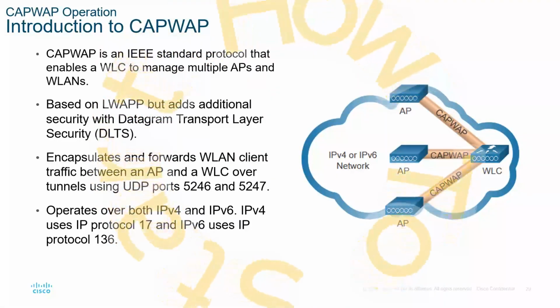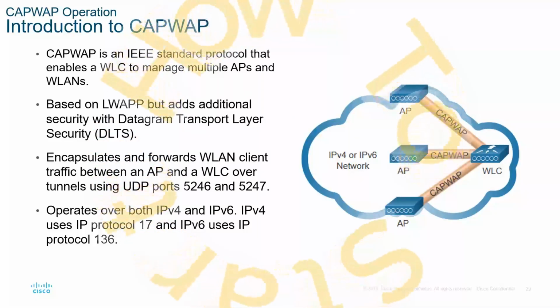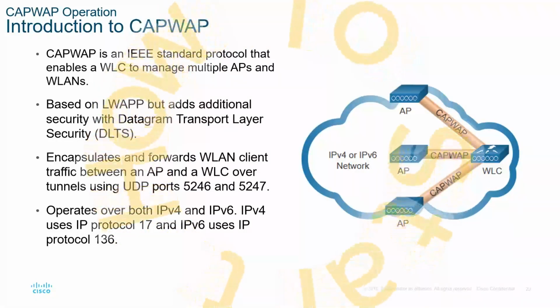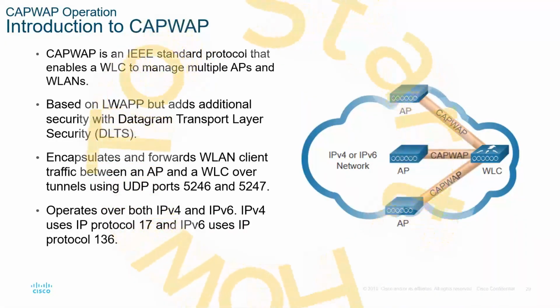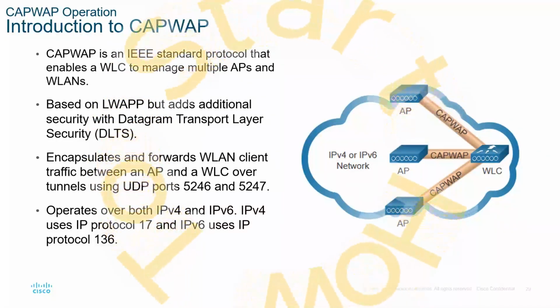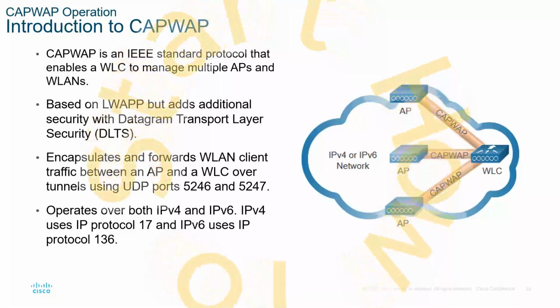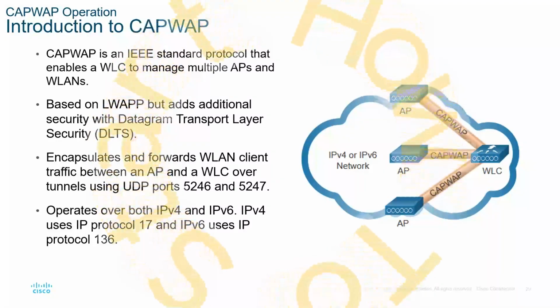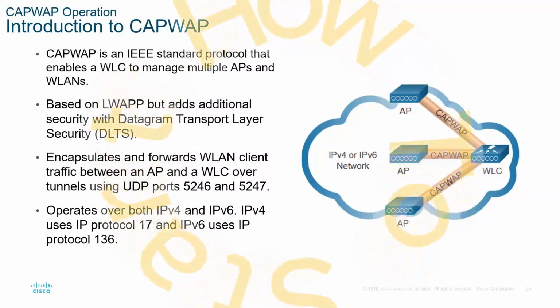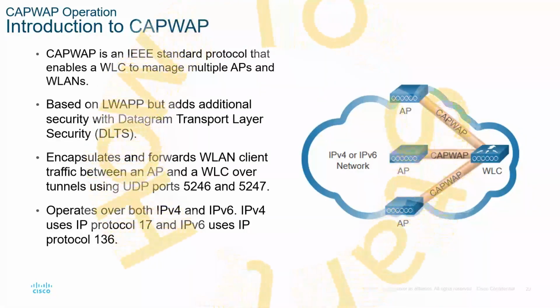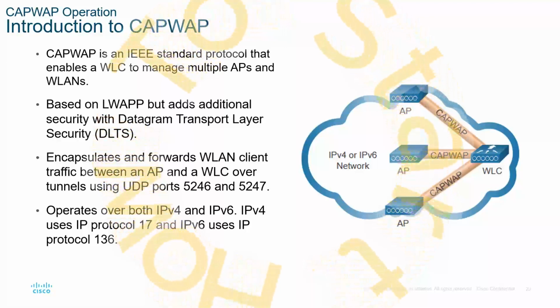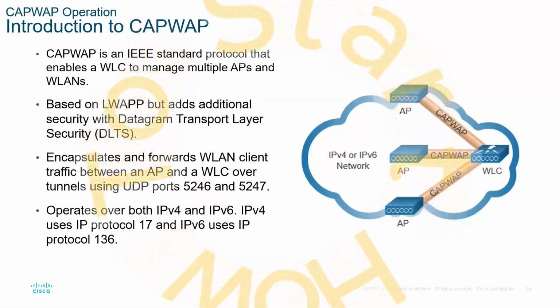Based on the lightweight access point, it adds additional security with Datagram Transport Layer Security, that's going to be our DTLS. It will also encapsulate and forward wireless client traffic between the access point and the controller using a tunneling protocol, typically UDP ports 5246 and 5247.